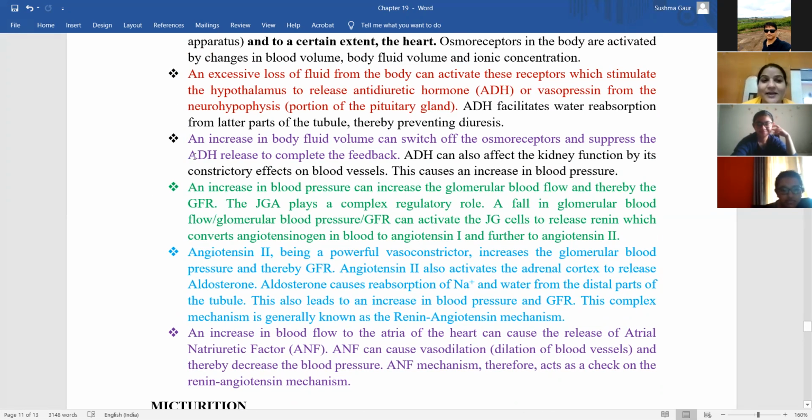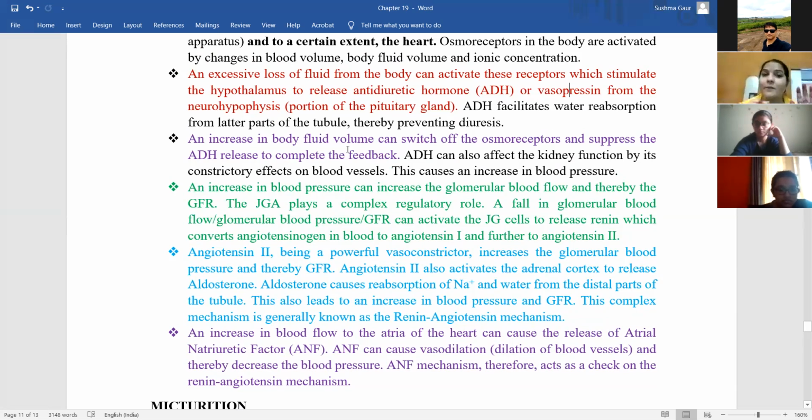Okay. So now this is the thing when there is an excessive loss of body fluid. If there is an increase in the body fluid volume, then the osmoreceptors can switch off, and they suppress the antidiuretic hormone release, so that there is a complete feedback inhibition.